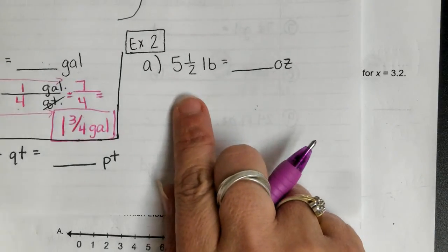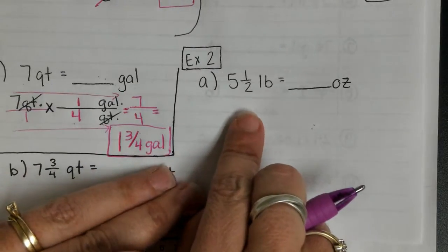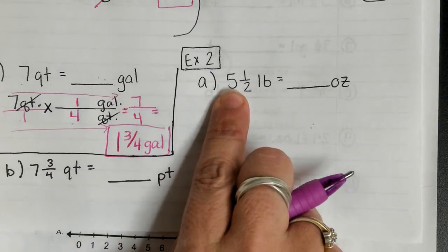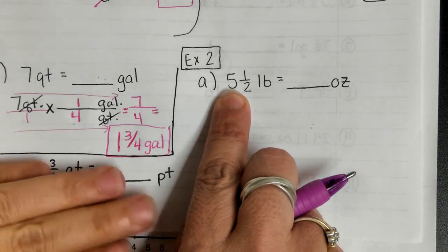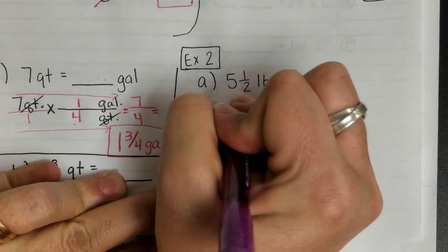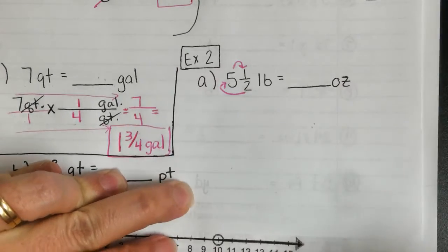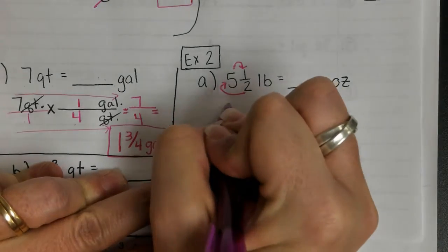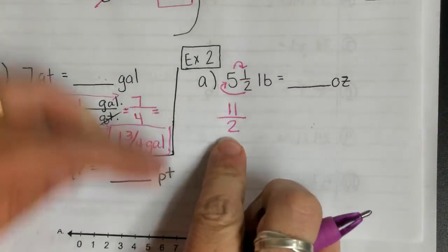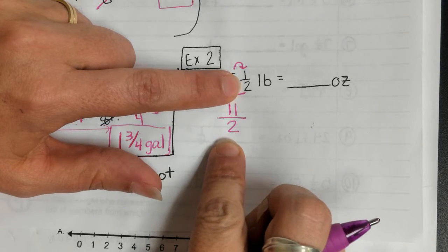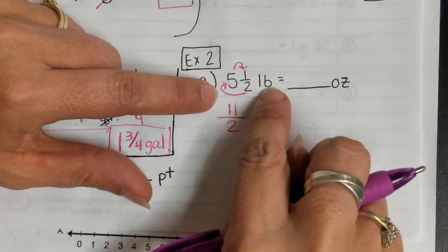5.5. Okay, so start out when you do these. If it starts out as a mixed number like that one, go ahead and write it as an improper fraction. So think about doing the backward C. 2 times 5 is 10. Plus 1 is what? 11 over 2. Keep that denominator, remember? Now, it is pounds.